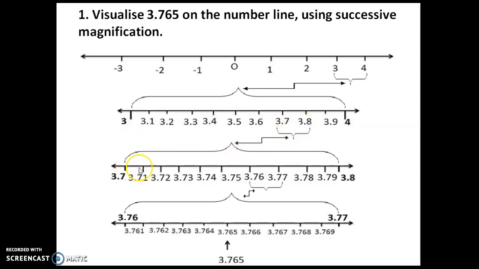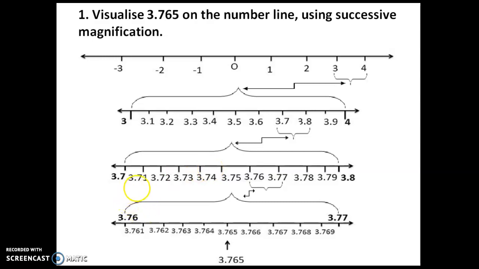In the third line we are magnifying. 3.7 is here, 3.8 is here, and in between 3.76 is here. Then 3.765. Where will it be? It will be in between 3.76 and 3.77. So in between that only we will have 3.765.